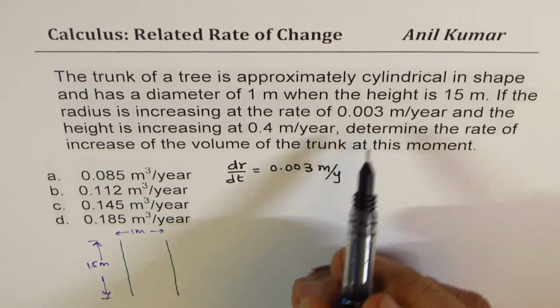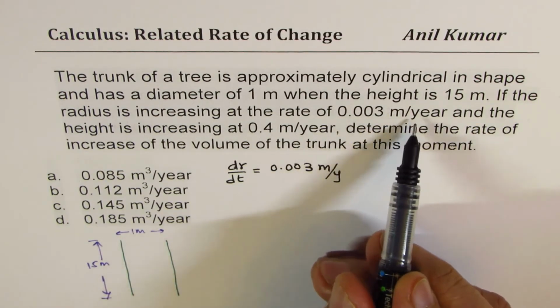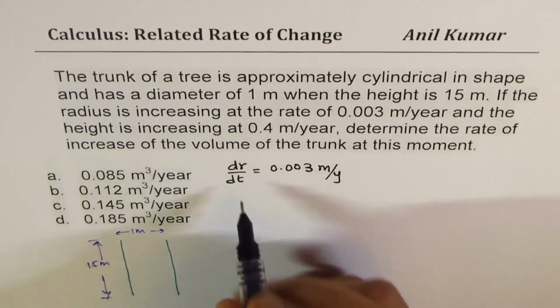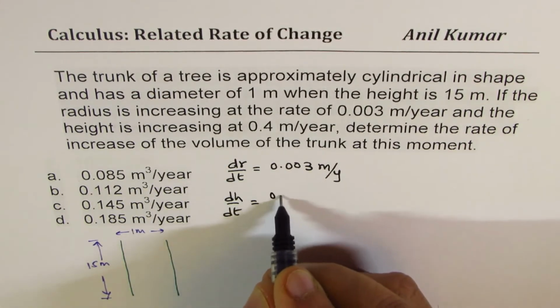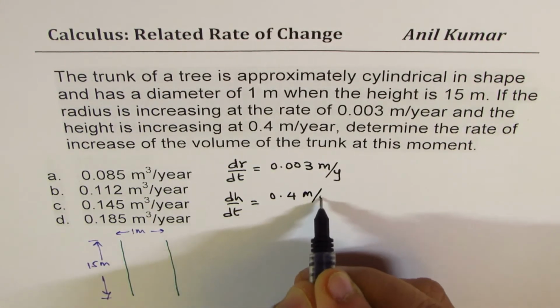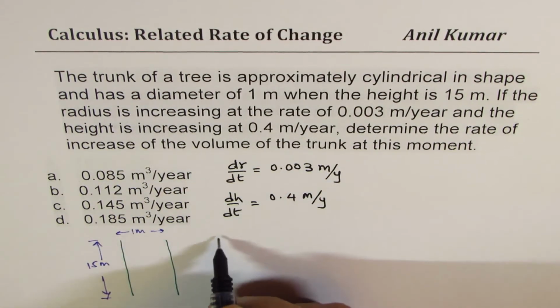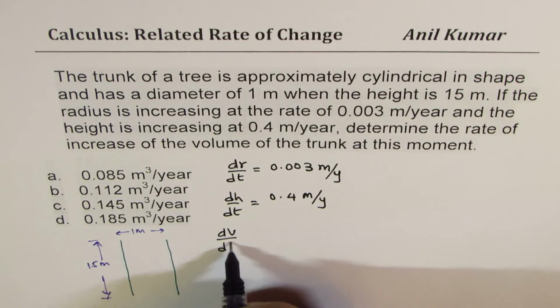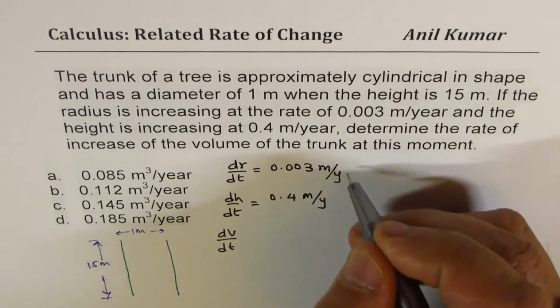And the height is increasing, that means dh dt is 0.4 meters per year. Determine the rate of increase in volume of the tree. So we want to find dV dt of this, correct?